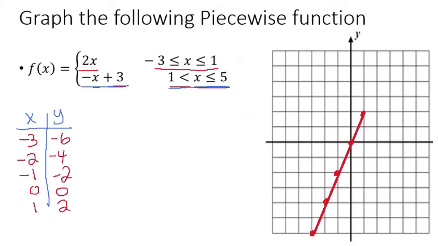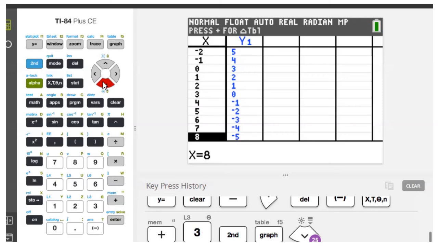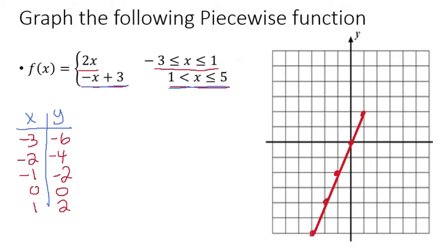As you see in the example, it has to start at 1, not including 1, and end at 5, including 5. So in the calculator, I'm going to look at values from 1 to 5. My values are 1, 2, 2, 1, 3, 0, 4, -1, and 5, -2. And this is what I'm going to put in the table for the second piece of the function.